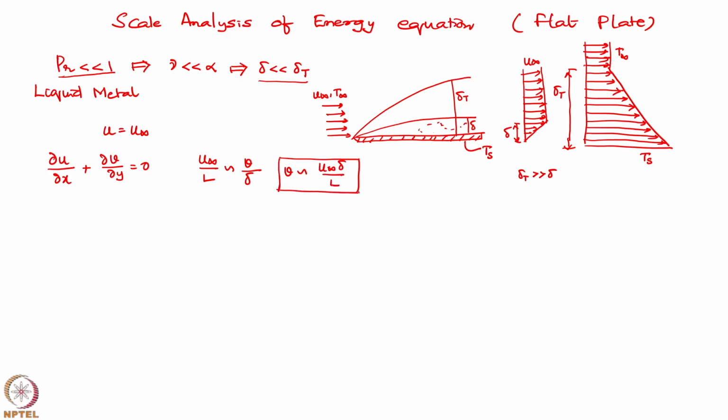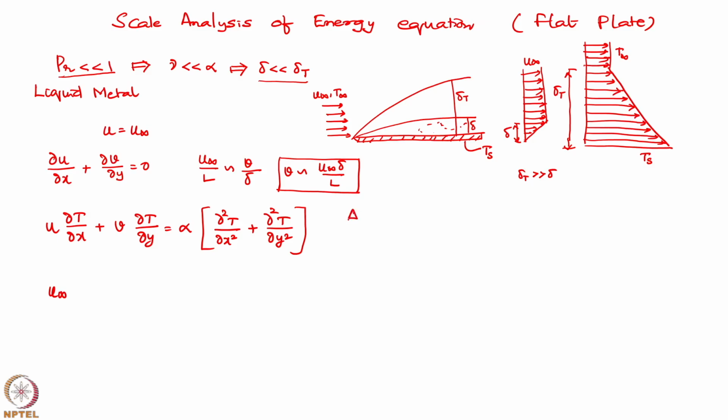Now the energy equation is u del T by del x plus v del T by del y is equal to alpha into del square T by del x squared plus del square T by del y squared. Now, what is the scale of u? The scale of u is u infinity, and the scale of del T is delta T, which is Ts minus T infinity.